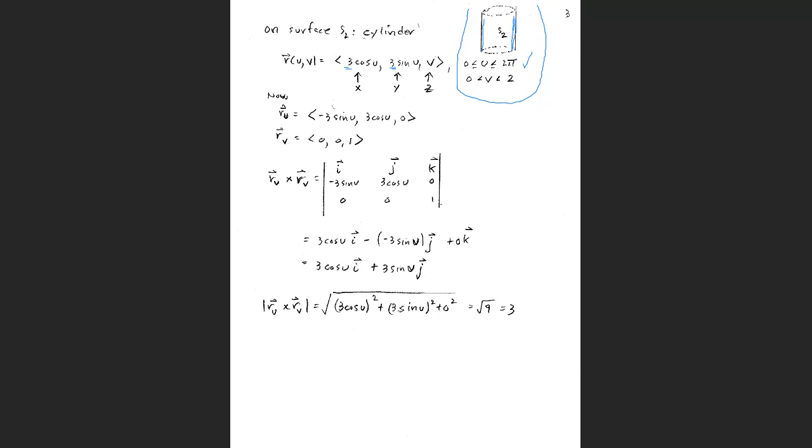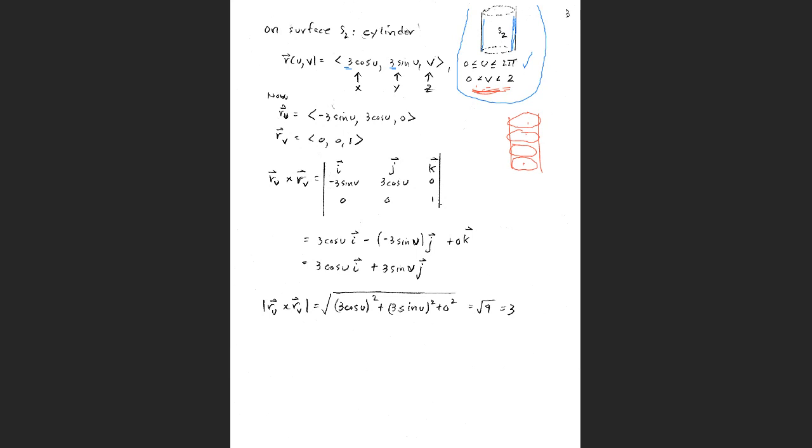And v goes from 0 to 2. So what I'm doing is stacking up a bunch of circles to create a cylinder. And each circle has a different height. The heights go from 0 to 2. And so this is the parameterization for the cylinder.